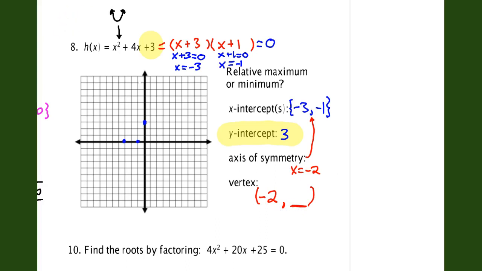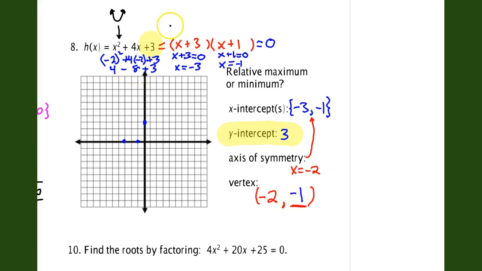And we can plug negative 2 back into our equation here to find out what the y value is. Now you can plug it into the factored version or the standard form. Either way you will get the same answer. So if I plug -2 in the standard form here, I will get 4 minus 8 plus 3. 4 minus 8 plus 3 equals -1.